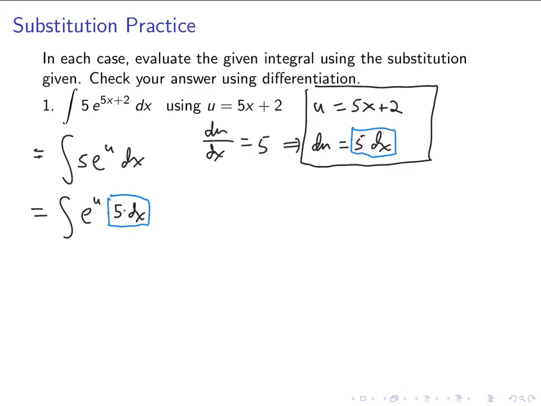Similarly, the 5x plus 2 here and the u are equal because of this equation. So what that means is, in my integral, the 5 dx, the thing in the box, is really just equal to du. I guess I should have waited to circle it. Hang on.